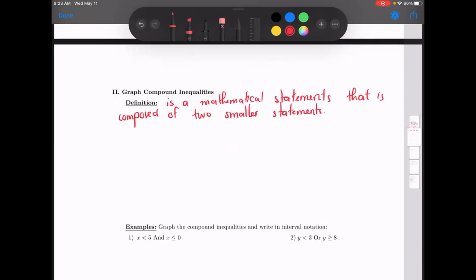I think I have a better definition in my prepared notes. Let's see.